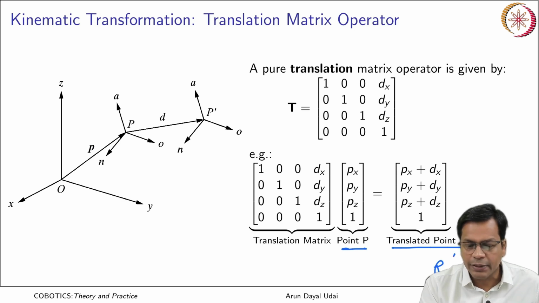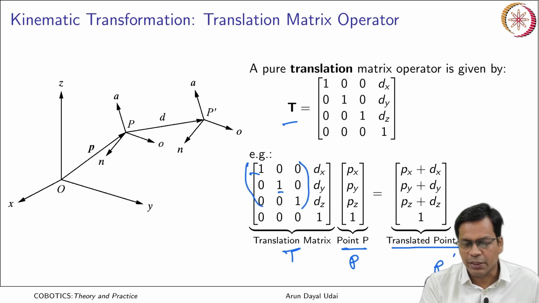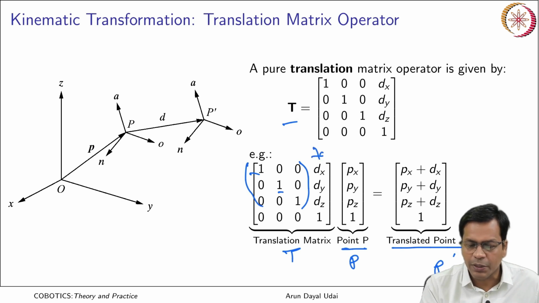When you multiply this transformation operator to this point P, what do you get? There is no rotation, there is a unit matrix in the 3 cross 3 rotation part of this transformation matrix. There are only elements present in the translation part of it, that is the 3 cross 1 part, the last column here.